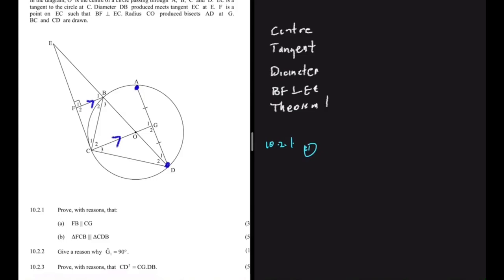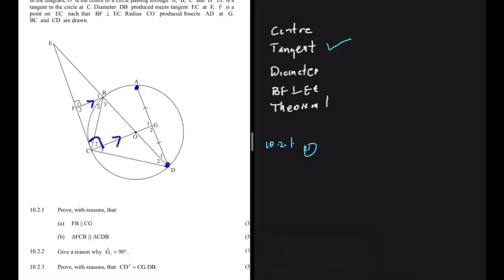So let's move to tangent and see if we can do something there. The only thing we can deduce from the tangent is that this angle here is 90 degrees, because the tangent and the radius will always be perpendicular to each other when they touch.